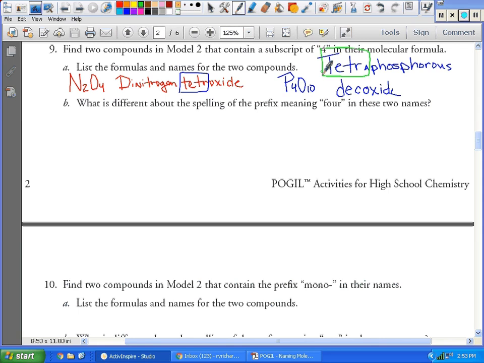The one that had an element that started with a vowel. Okay, so that's going to be the key difference. Say it again. Element starting with vowels.